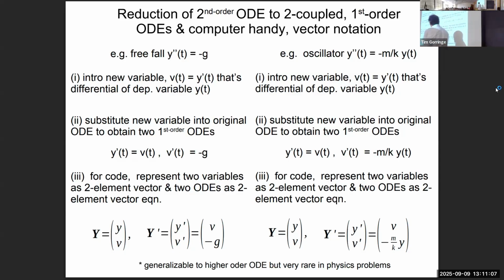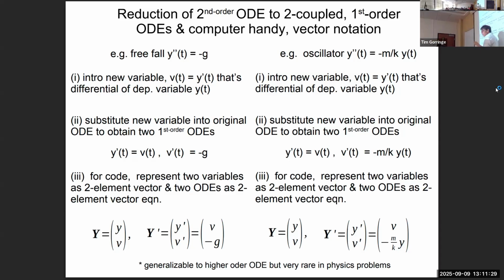So the way that we're going to code up our two variables, we've got y, position, and v, velocity, is we're going to code those as a variable. I call it uppercase Y, but it's a two-element, two-component vector.